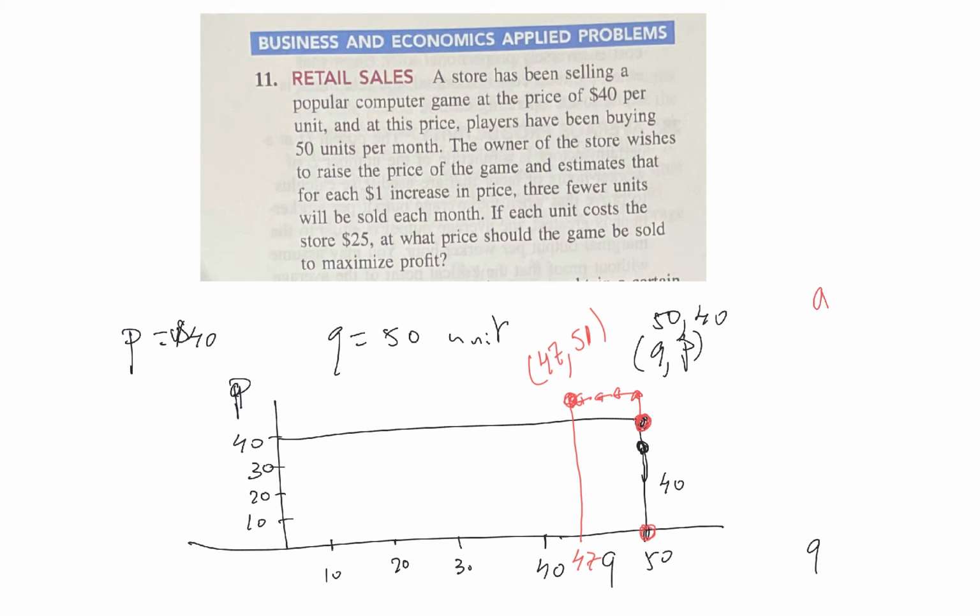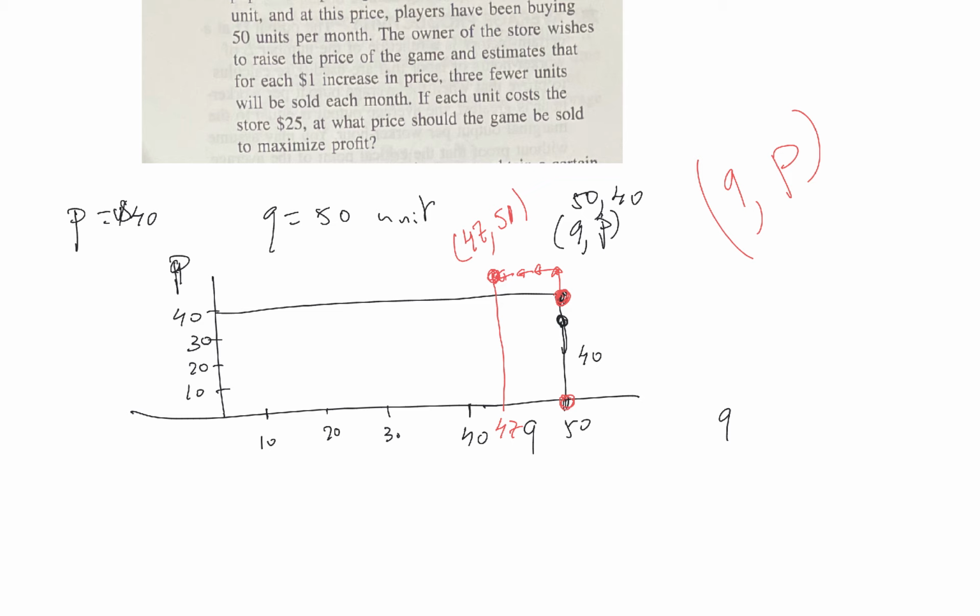So it's Q, P, the quantity and the price. And of course, there is a rectilinear line that joins the 2 points. And they ask, if each unit costs $25, what price should the game be sold at to maximize the profit?